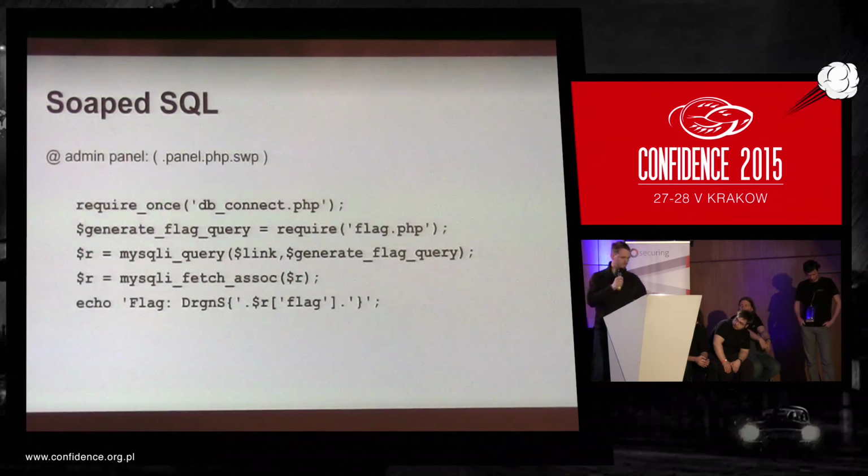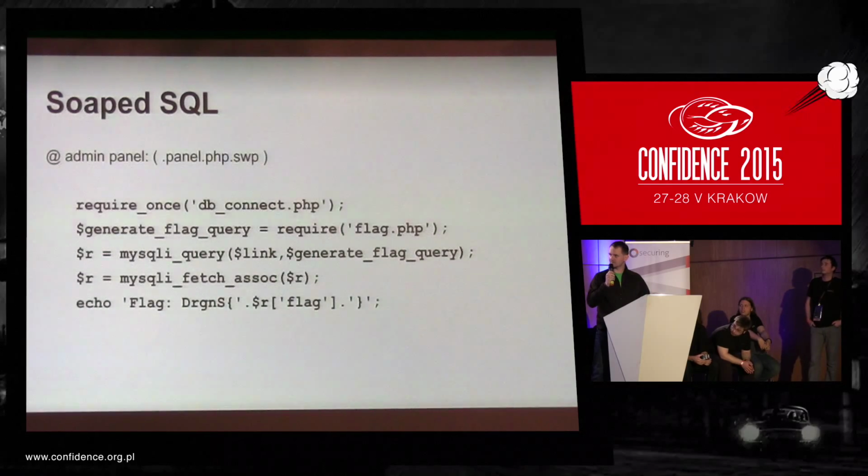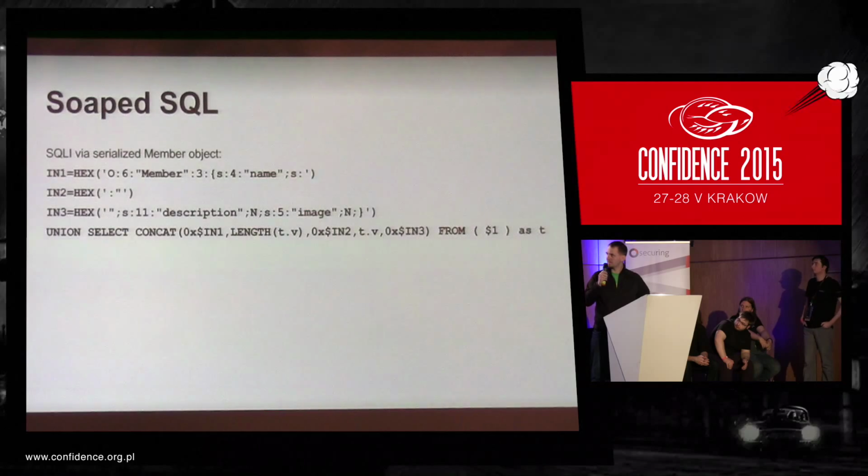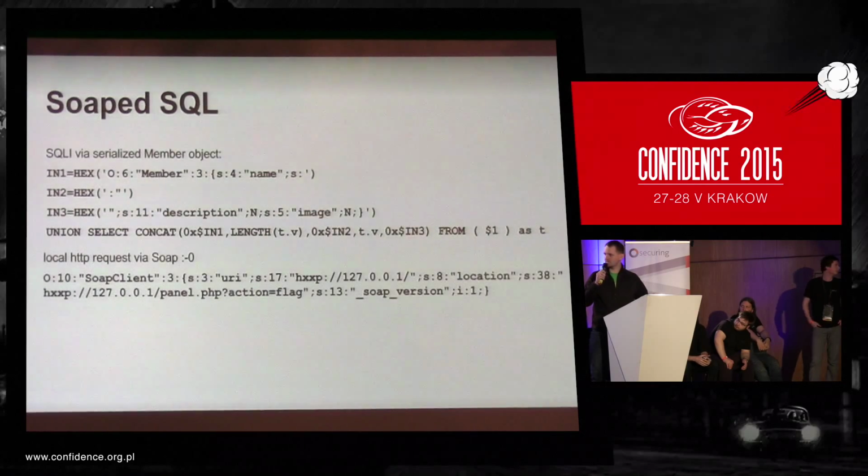Inside the panel, you can also leak the source code of the panel by using the same method. So the Vim hint was very useful. You see that the flag is generated using a SQL query and printed to the output of PHP. But yeah, first you could convert your SQL injection into a serialized object to get output.